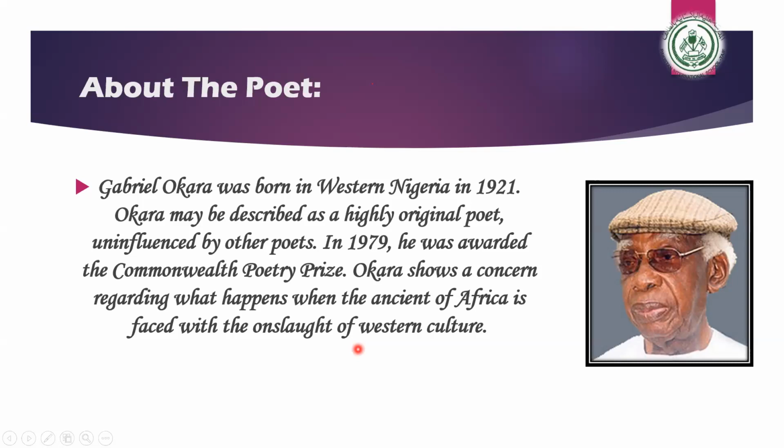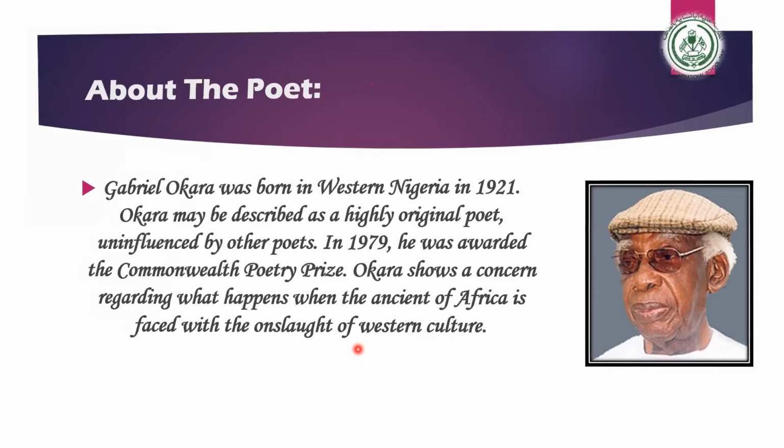So this is an introduction about the poet Gabriel Okara, who was born in Western Nigeria in 1921, and he was awarded the Commonwealth Prize in 1979 as well. So he's the writer of the poem. So let's start what he writes, or what he says in our poem.